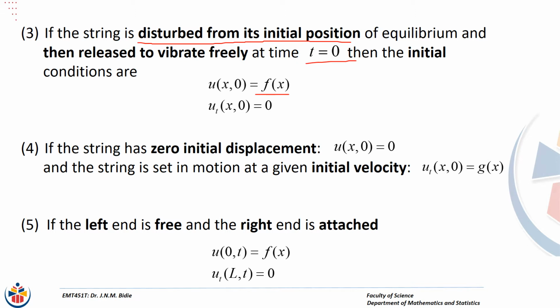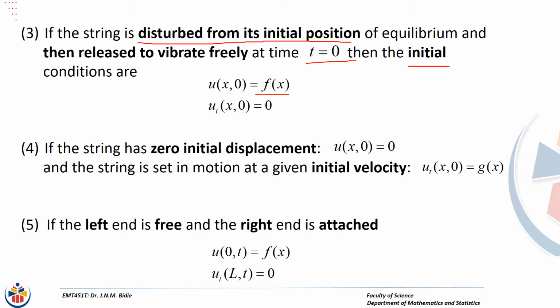Now we'll have u of x,0 equal to f of x. Now we're not dealing with boundary conditions as in number 1 and number 2. We're dealing with initial conditions because we're looking at what happens at the start of this whole process that we're looking at.